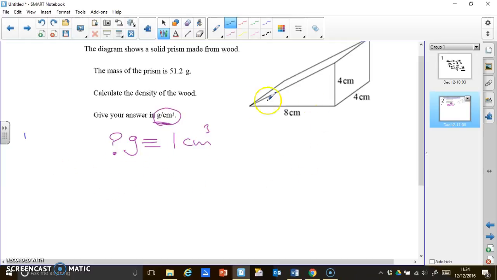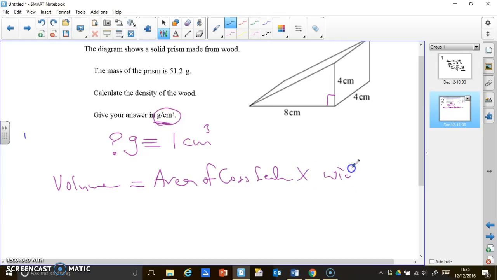We see here a triangular prism. The cross section is a right-angled triangle. So the volume of our prism, as we know it, is area of cross section times width, or your third section, depth.